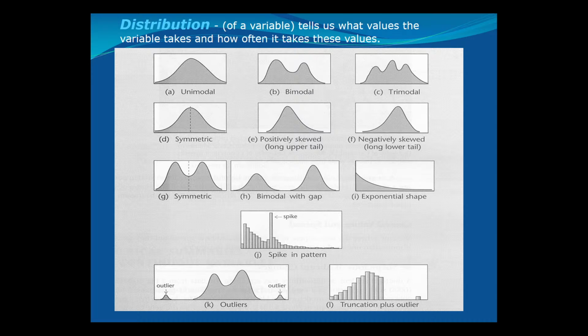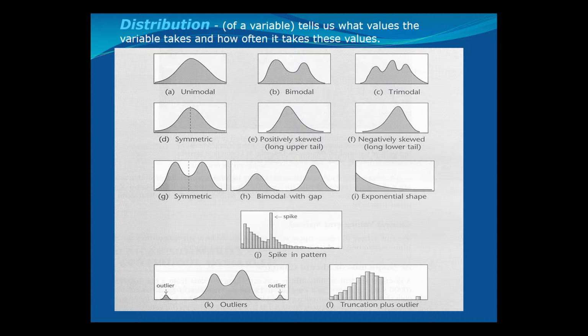Graph B is bimodal, because it has two peaks, then three modes with three peaks, and so on. Second level, the distribution can be symmetric, positively skewed with a long upper tail, or, look at graph F, negatively skewed with a long lower tail.